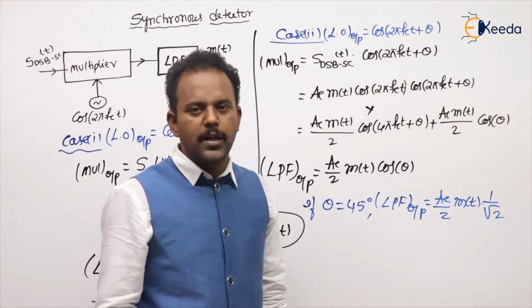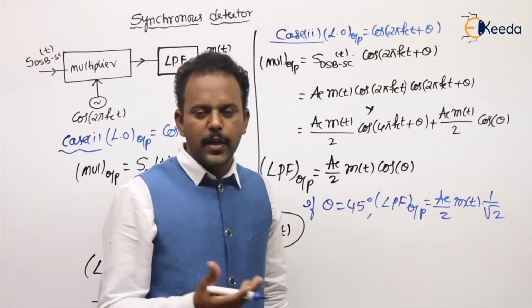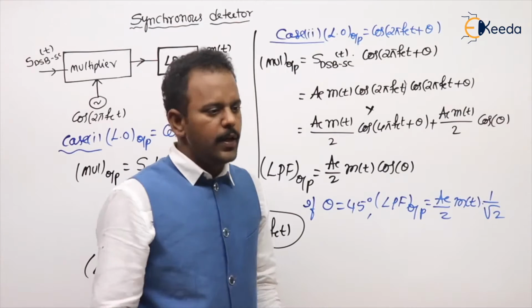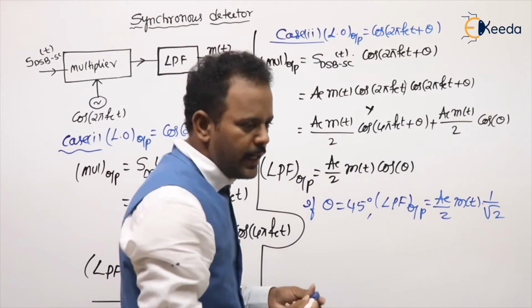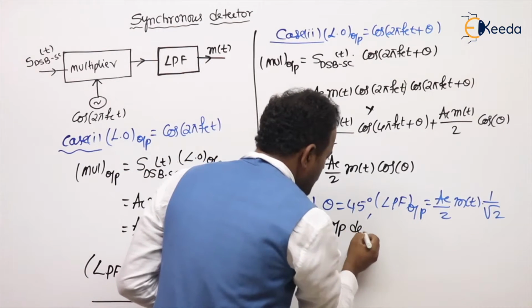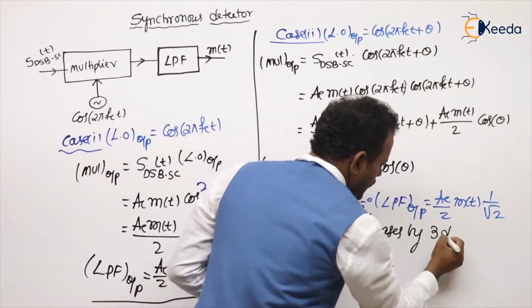Write in terms of decibels: 20 log 1 by root 2, or 10 log 1 by 2. I am writing both ways, voltage and power. Voltage means 20 log, power means 10 log. 20 log 1 by root 2 is minus 3 dB. So here also we can say output decreases by 3 dB.